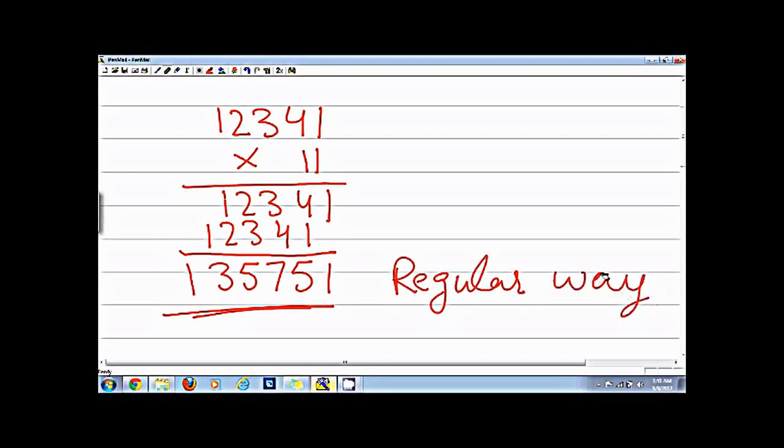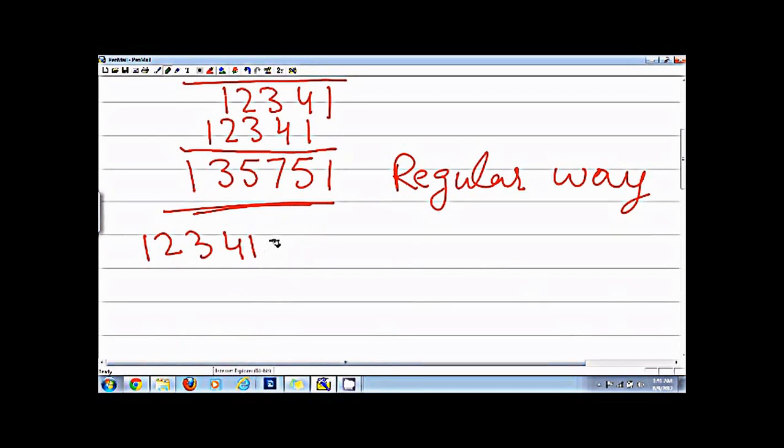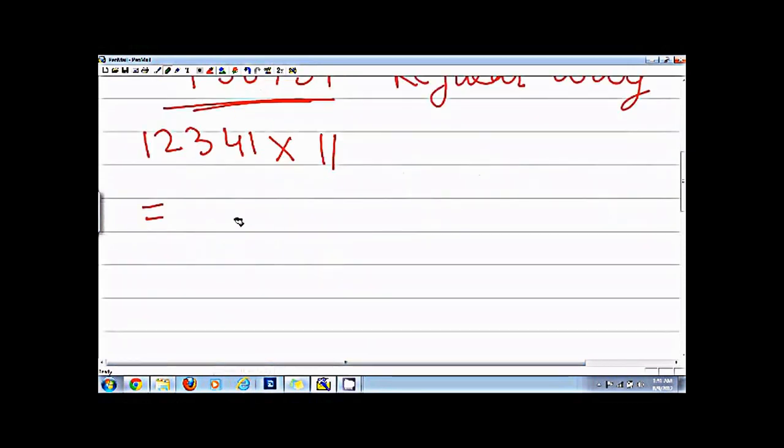Now we can skip all this writing and approach this problem in a different way. Suppose we have 12341 and we want to multiply it by 11. What I'll do is write 1 here, and then add 1 and 2, that is equal to 3, then add 2 and 3, that is equal to 5, then add 3 and 4, that is equal to 7, then add 4 and 1, which is equal to 5, and then write 1 in the end.